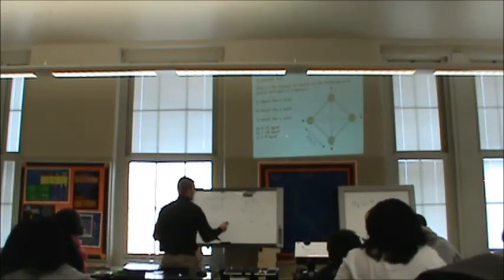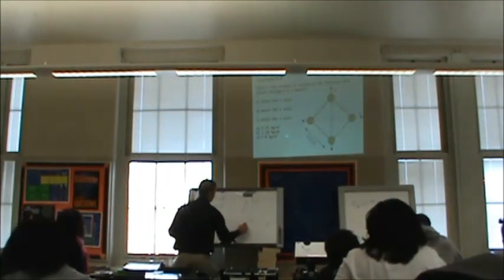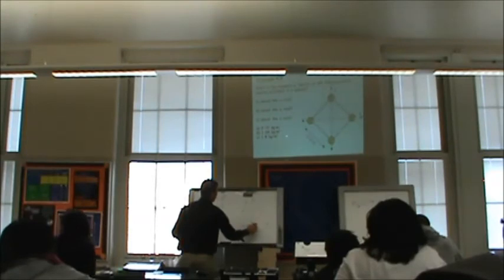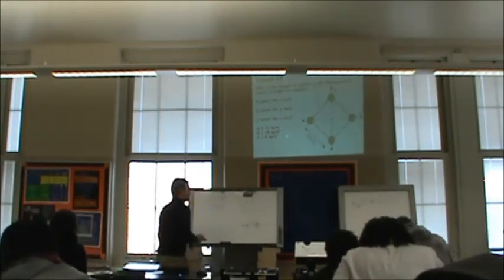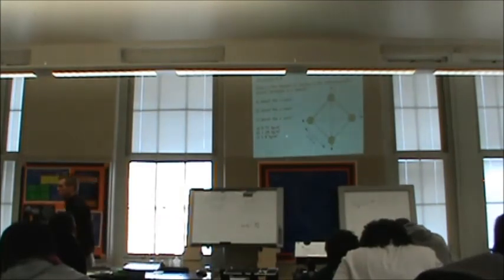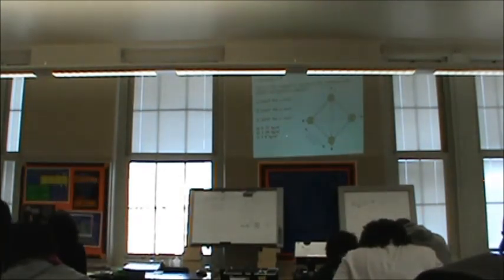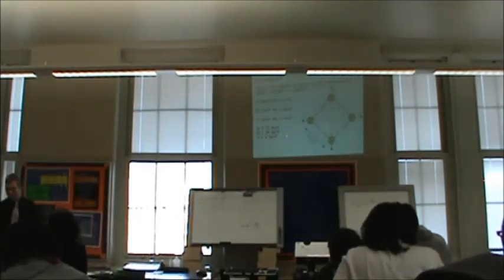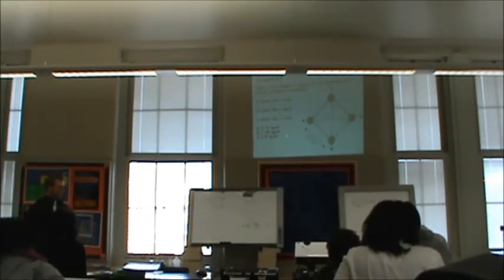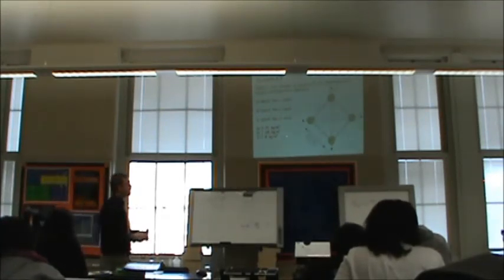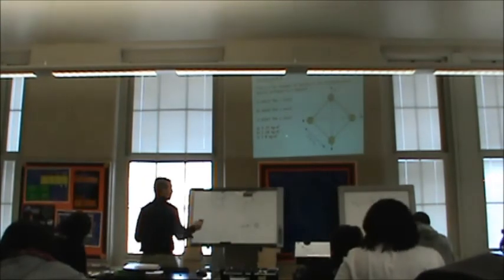Sine of theta equals opposite over hypotenuse. You know the theta? So it'd be theta, 90 degrees.